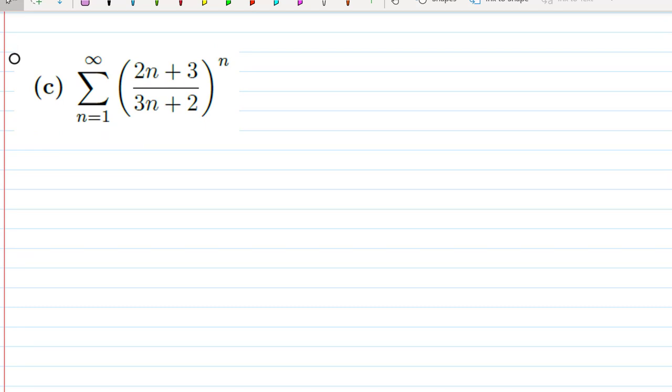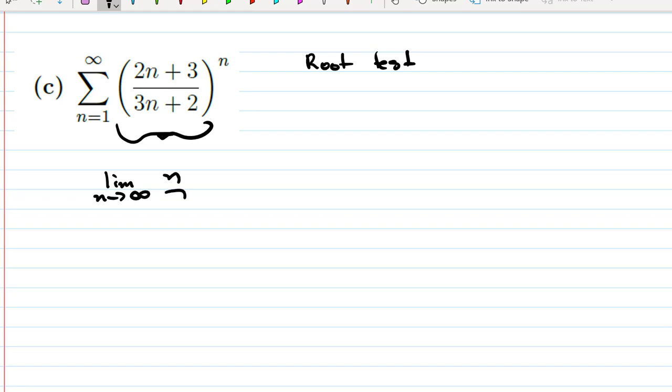So for this one, we're going to want to use the root test. So once again, we identify our a sub n, and for the root test, we take the limit as n goes to infinity of the nth root of a sub n.